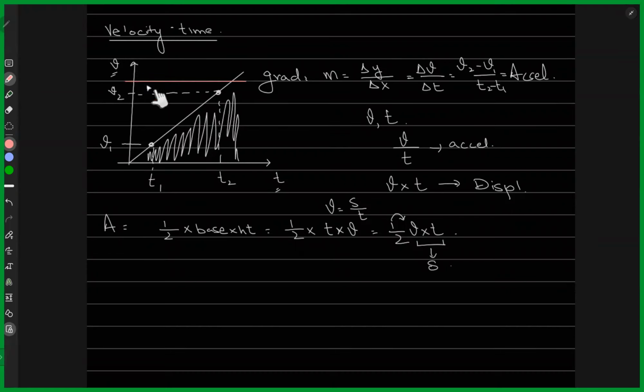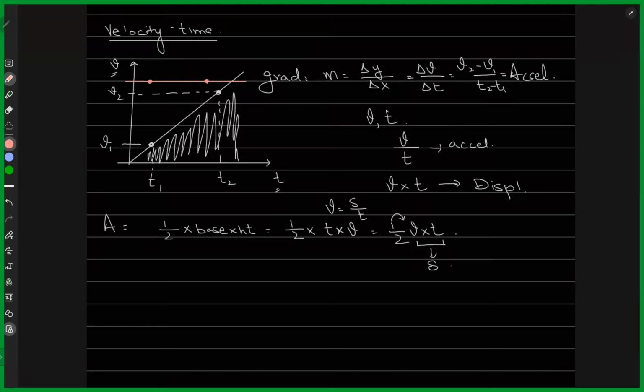On this straight line, there is no change in velocity as time increases. So the change in velocity is zero, which means the acceleration or the gradient will also be zero, right? But you can see that the area under this line is not zero.